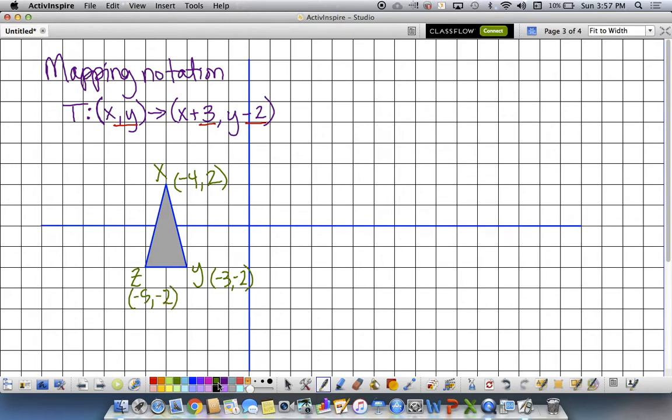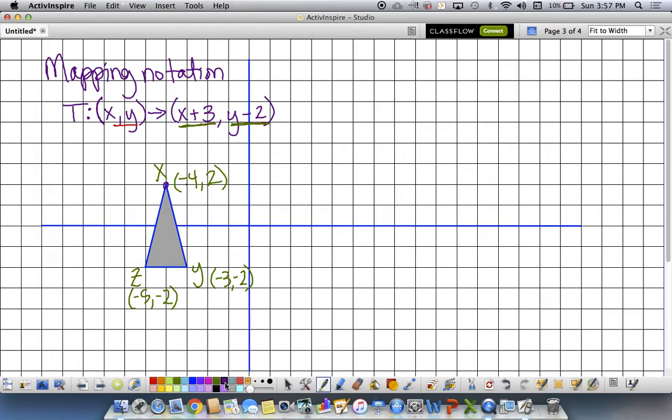Sometimes it may just give you coordinates and say transform it this way, translate it this way. But we're going to use our mapping notation that we have up here. We take our original x, y, negative 4, 2. It doesn't really matter which one you start with. I'm going to take x and map it to x plus 3.